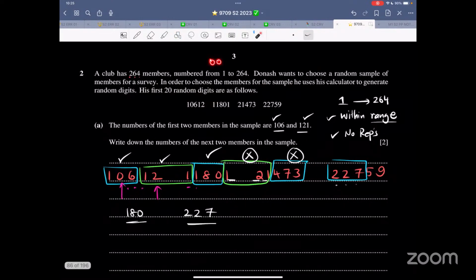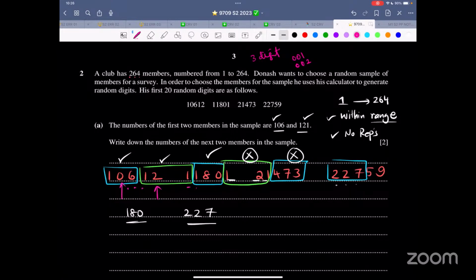So basically, this is 001, 002, up to 264. Donash wants to choose a random sample of members for a survey. In order to choose the members for the sample, he uses his calculator to generate random digits. His first 20 random digits are as follows. Even though we are dealing with 3-digit numbers, keep that in mind. So we would be choosing 3-digit numbers. Why? Because that is how we are going.